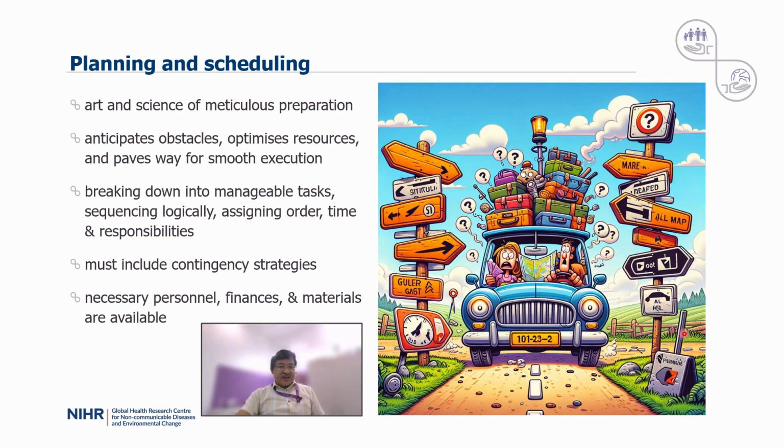Precise timelines set deadlines for each task, promoting accountability and preventing procrastination. Further, resource allocation ensures that necessary personnel, finances, and materials are available when needed, preventing bottlenecks and ensuring smooth progress.